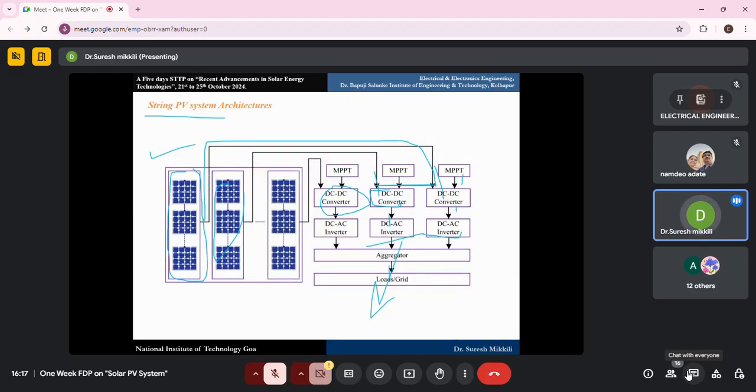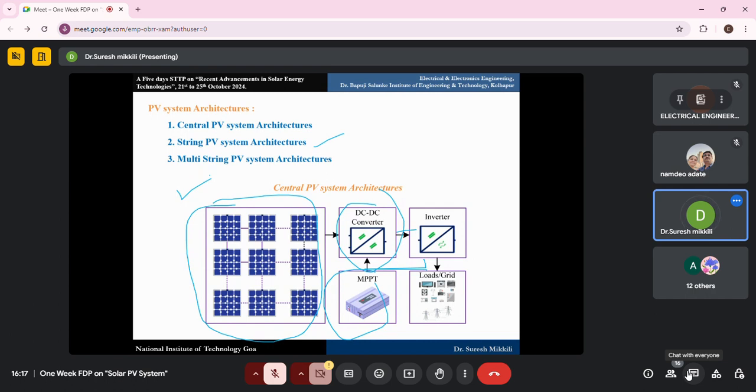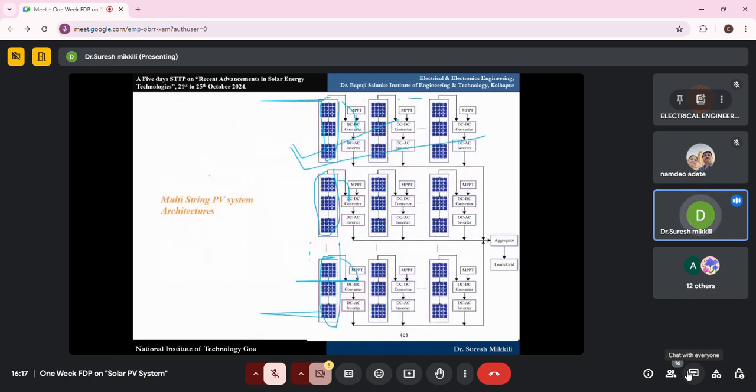So we have the central converter structure, the string integrated structure, the multi-string structure, and even distributed MPPT that people are working on. But the problem in distributed MPPT is that each module or each PV panel is provided with one converter. For a smaller amount it is okay, but if it is a large plant, the complexity of the system will increase, the number of modules will increase, and the cost of equipment will increase, then there will be a problem.